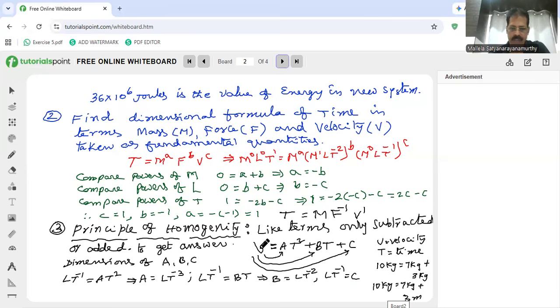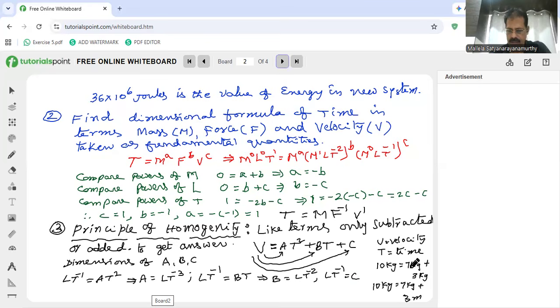So the velocity dimension formula LT^-1, I equated to AT^2. So I got the dimension formula of A: LT^-1 divided by T^2, LT^-3. Then I equated velocity to BT: LT^-1 = BT. From that, B = LT^-2. I equated velocity to C. Why?